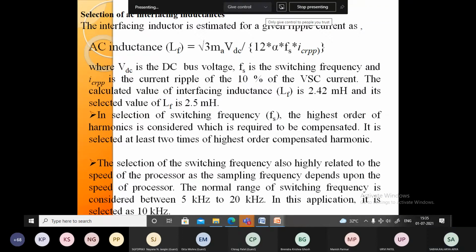Generally, for 30-40 ampere current, you can take not more than 2.5 millihenry. VDC how much? You can take VDC equal to 700. Alpha you can take as overload factor √3 into √3 only. Based on that you can calculate. And switching frequency we can take not more than 10 kHz. Clear?